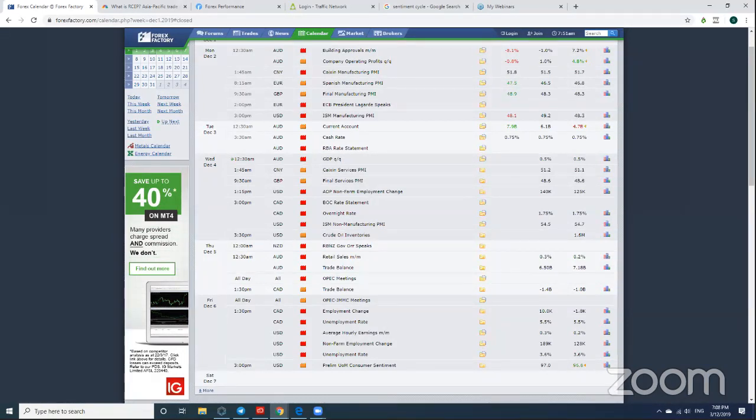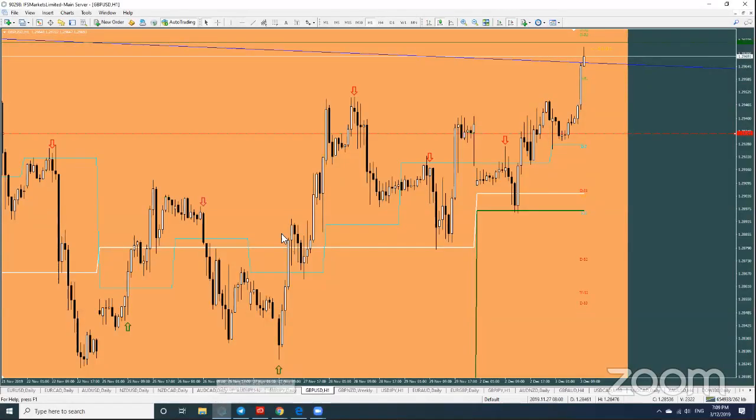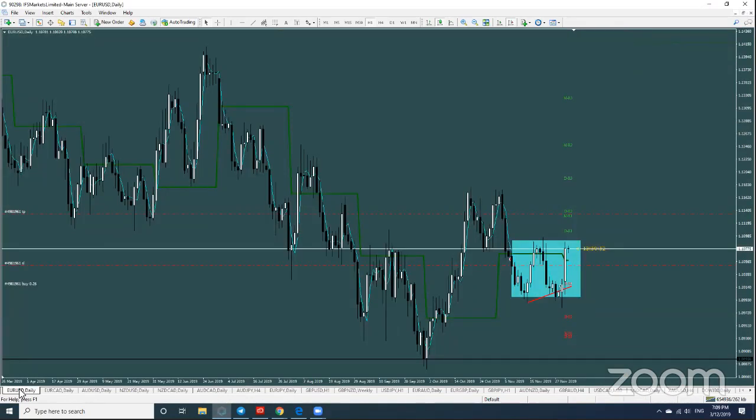So let's go back to the charts and see what we can find in terms of potential trades today, other than the pound opening trade. Let's start with the euro. Now, the euro, like everything else yesterday, just went bazoom. That is against the dollar, as the dollar just weakened dramatically.